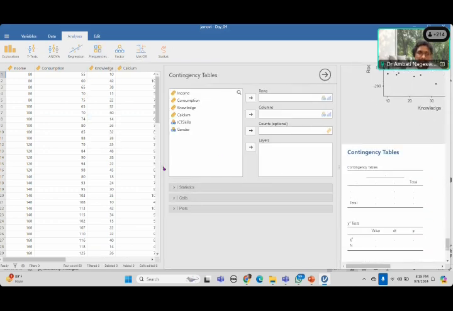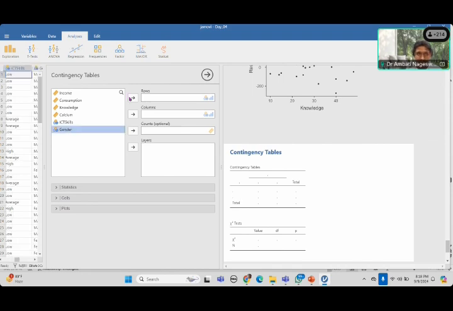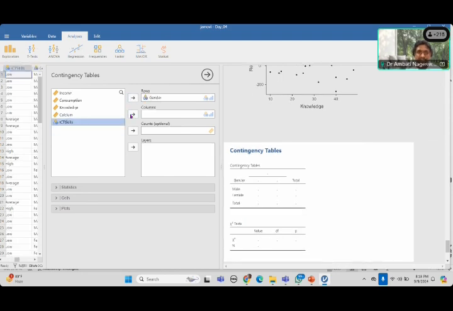You can adjust your screen as per your requirement. Now I need two variables. One is gender. The second one is ICT competencies.